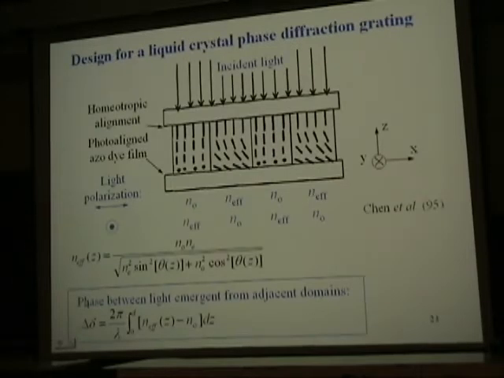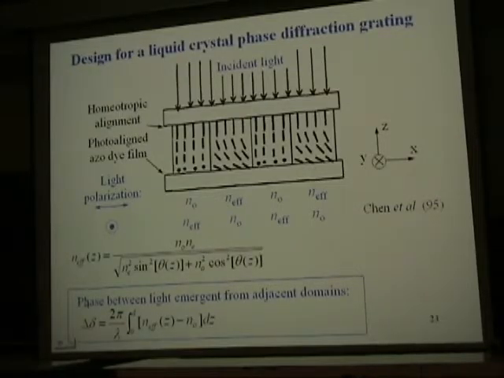Now, to make the diffraction grating as such, consider the following liquid crystal cell, in which the bottom plate is made of the photoaligned azo-dye film in the way that we discussed, and the top plate is made of alignment layers that will align liquid crystal perpendicular to the alignment surface.